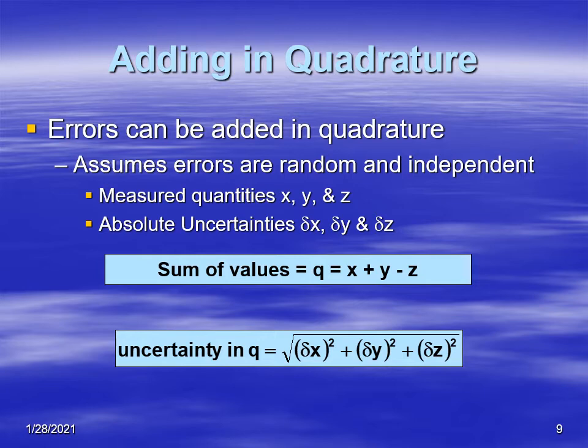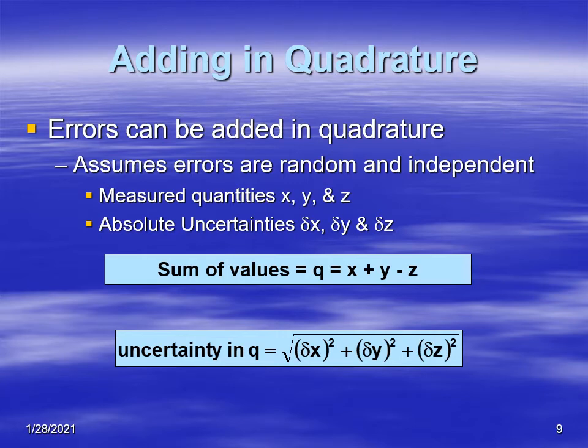But here we're going to look at something a little bit different. We're going to look at what happens if your measurements are random and independent and the errors generated are random and independent. So let's say we have three values, x, y, and z, and we want to add x and y, and subtract z.